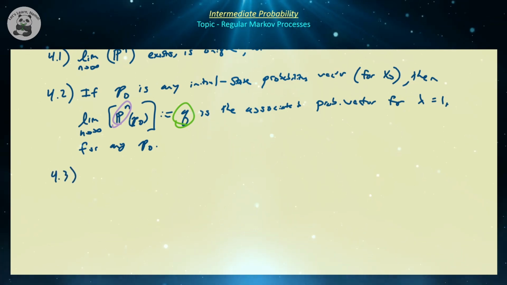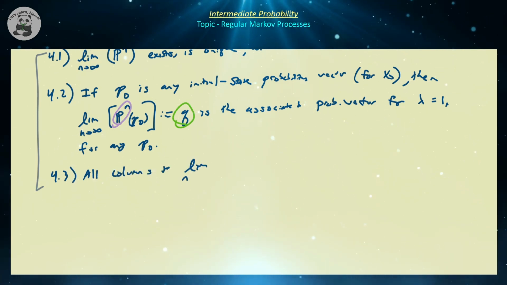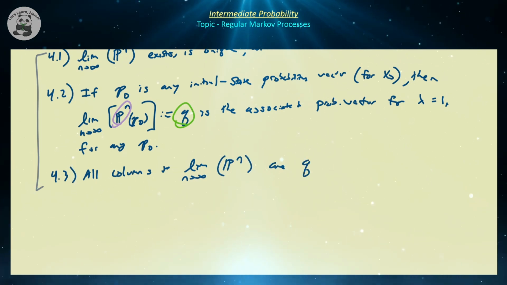And what's very special is that we don't even need to consider the initial state if that is true. So there must be something more special about this matrix P. And in this case, we have that this matrix is regular. The third property actually introduces where this q comes from, and it says that all columns of the limit as n goes to infinity of P^n are q, this limiting vector.